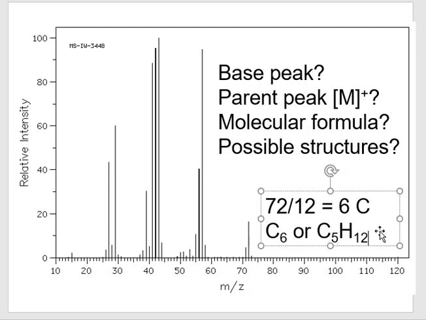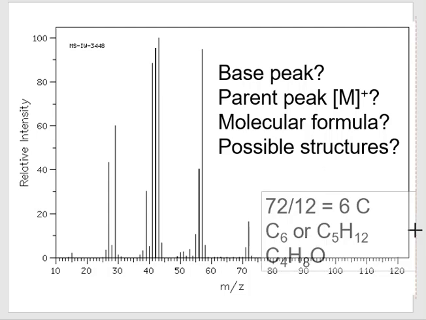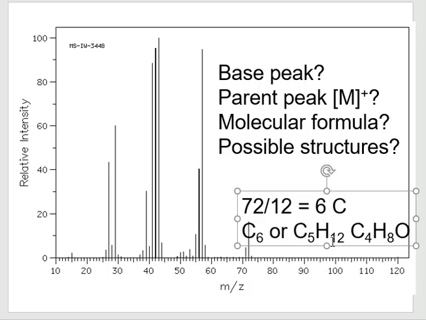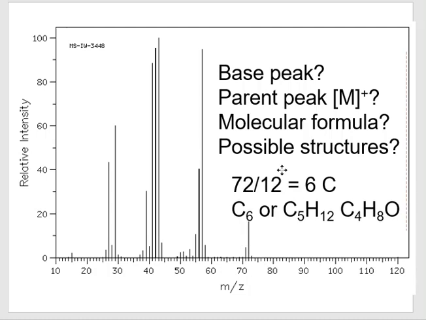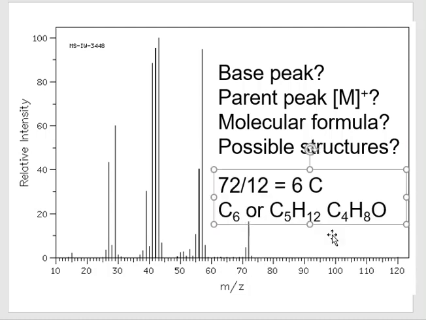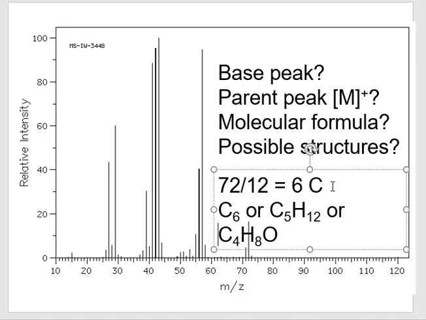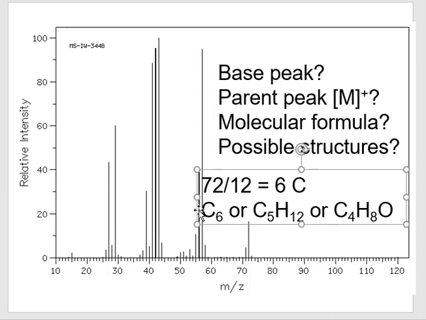We could even say, well, maybe one of those carbons and 4 of those hydrogens are actually an oxygen instead. So maybe it's C4H8O. And that also has a molecular weight of 72. And so you can just go on like that until you run out of reasonable molecules that could have molecular weights of 72.